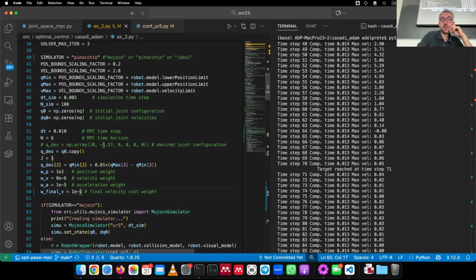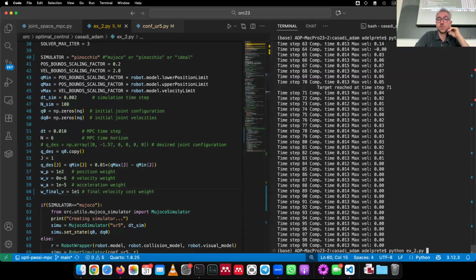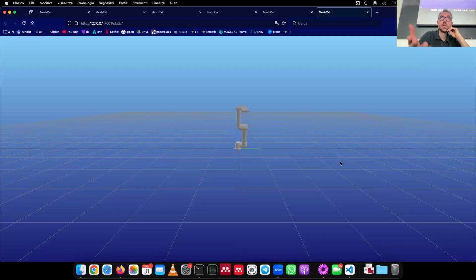We can probably see it the other way. If we increase the terminal cost, so instead of 1, we set it to 10. Now I expect this to make it go slower. So instead of 46, it should reach the target in more time. We can see visually that the motion is slower.